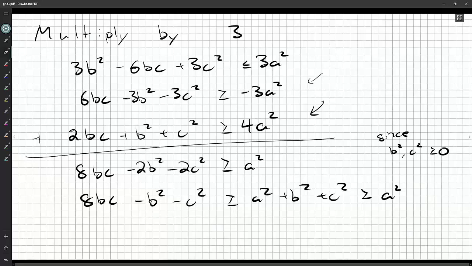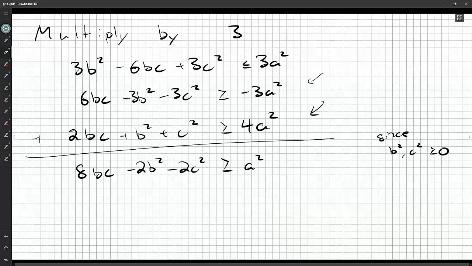So maybe I went backwards a little bit. Or maybe we could add on another square, and bump these up.